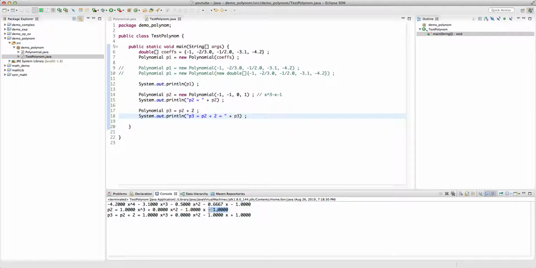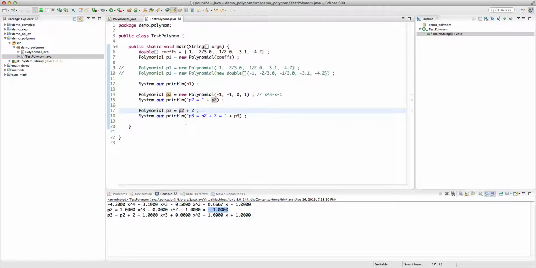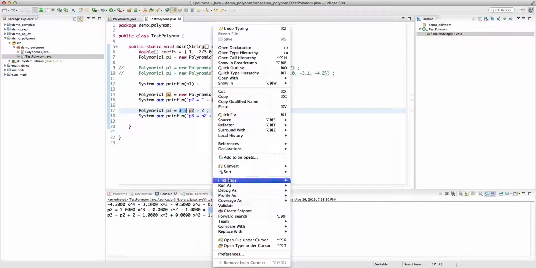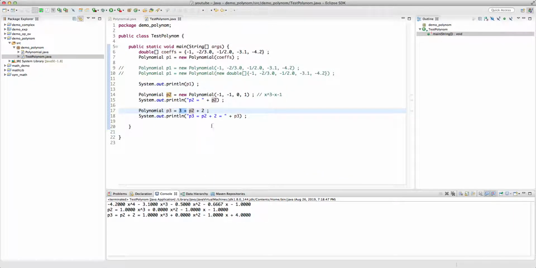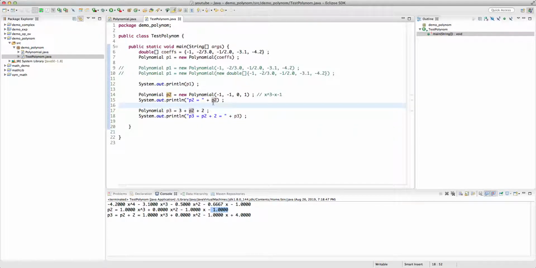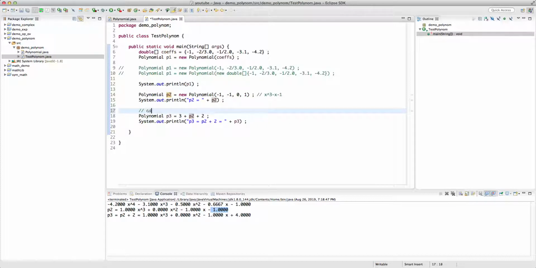So it just adds 2 to the constant term, and we also implemented the reverse addition, so this has no problem. So we add 5 to the constant term. All right, so this was adding a constant number to the polynomial.